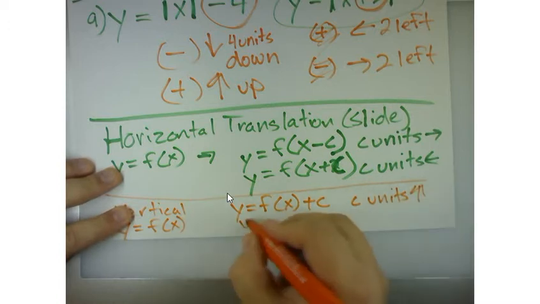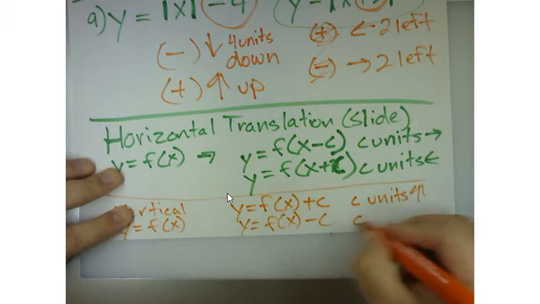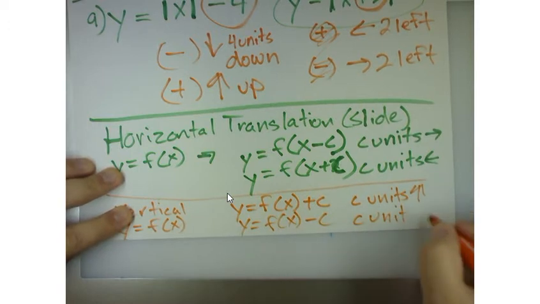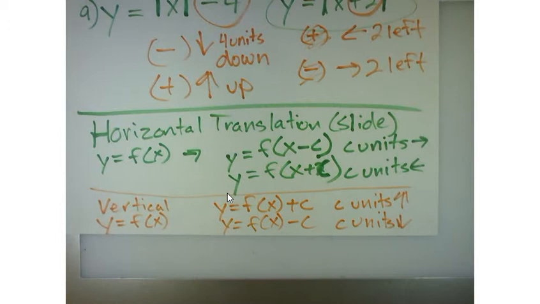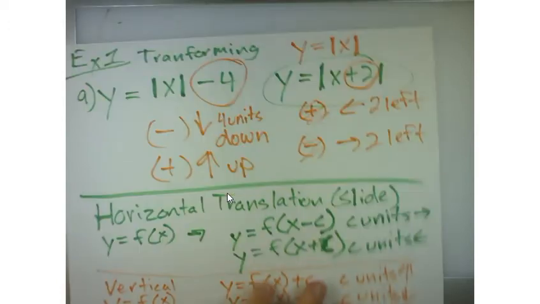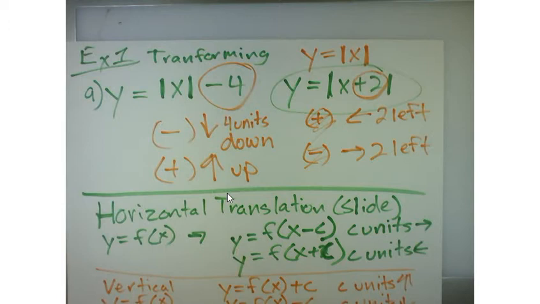And if I say y equals f of x minus c, then it's c units down. Does that make sense? That's how Mr. Adams can graph these things in his head, because I've memorized these. I just memorize the parent function. Then when I look at it, I say, okay, I move it over this many units and go up or down so many units.